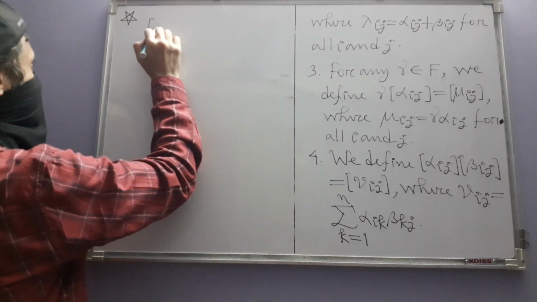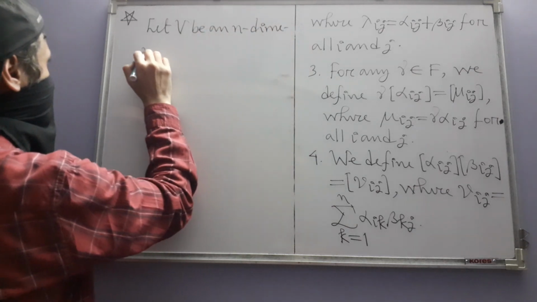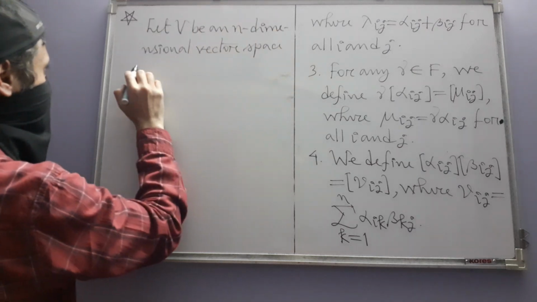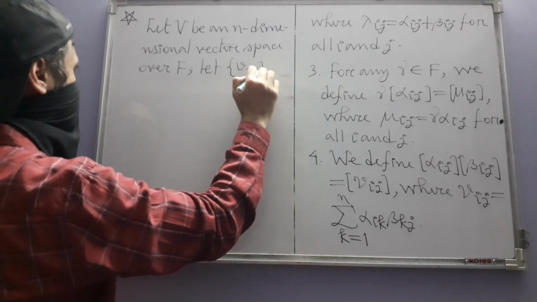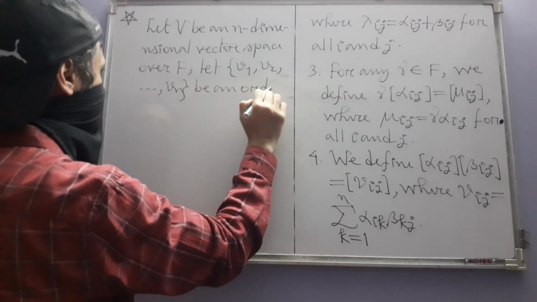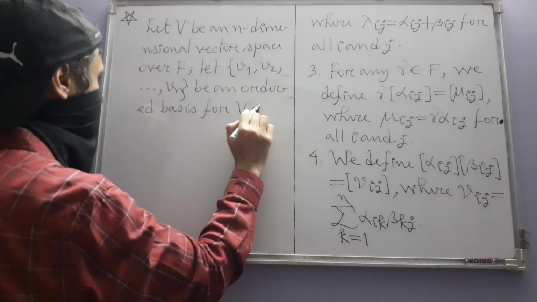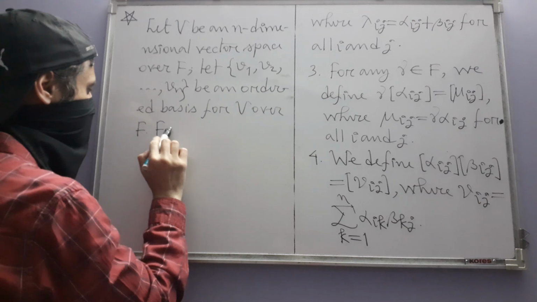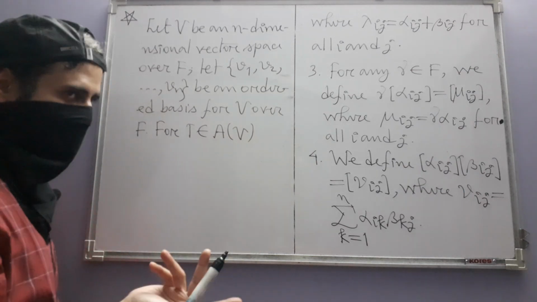Let V be an n-dimensional vector space over F, and let this be an ordered basis of V over F, okay, for any t belonging to A of V, means Hom(V, V), same thing.